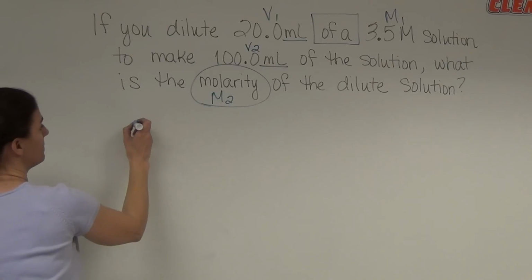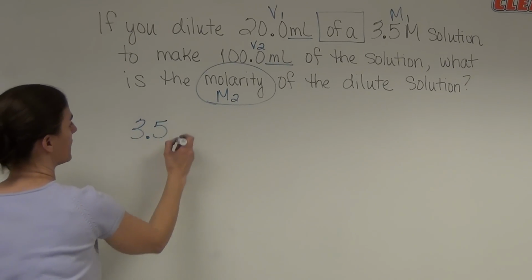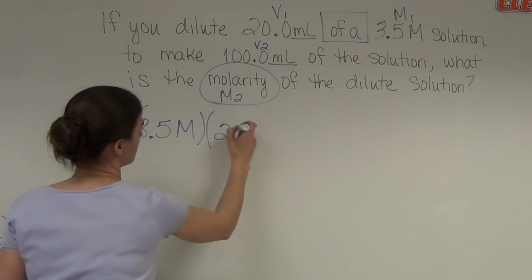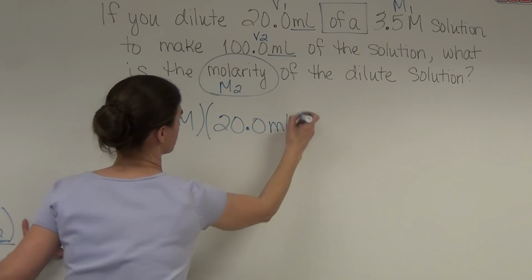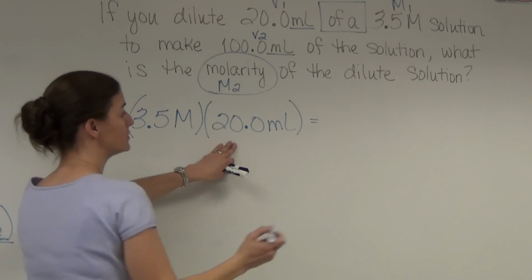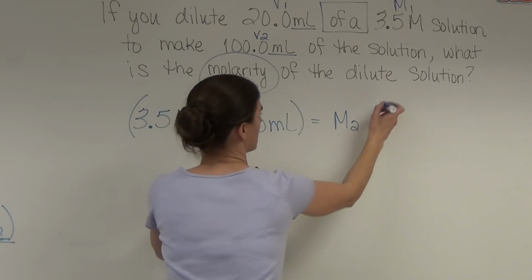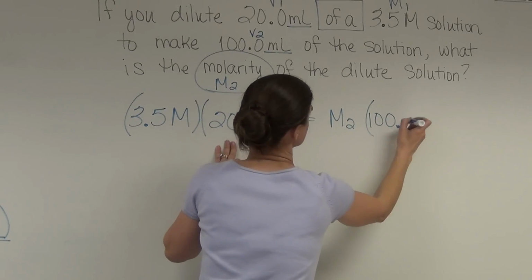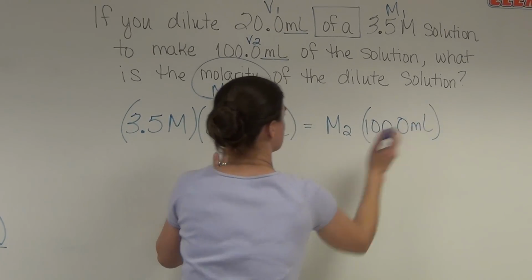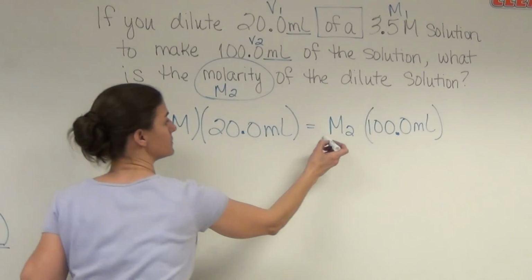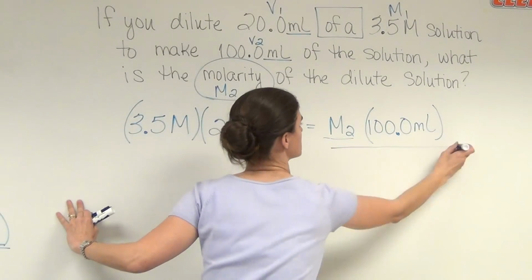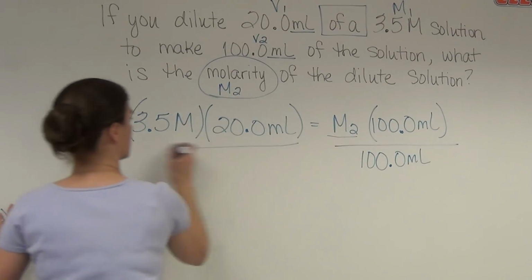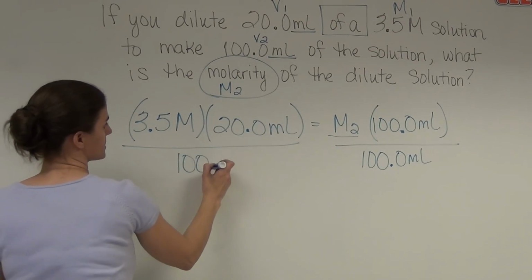Set up your problem again. 3.5 molar times 20.0 milliliters equals M2, that's what we're looking for, times what's given to us in the problem, 100.0 milliliters. Again, isolate M2 by itself. So I'm going to divide both sides by 100 milliliters.